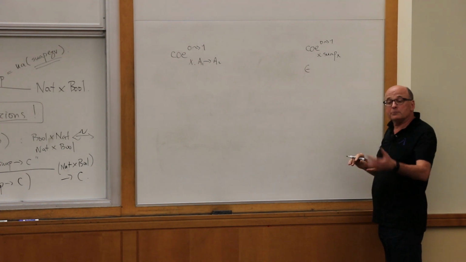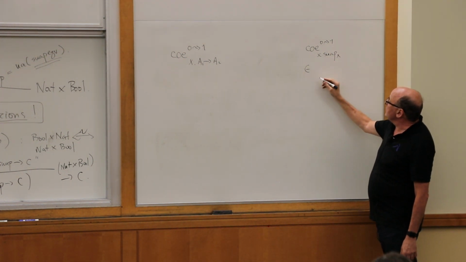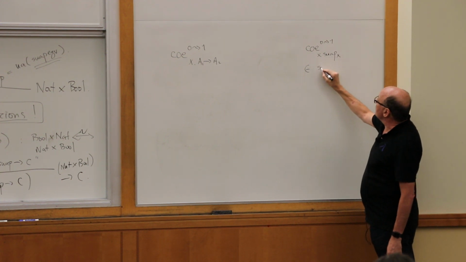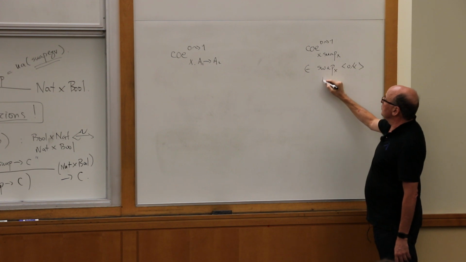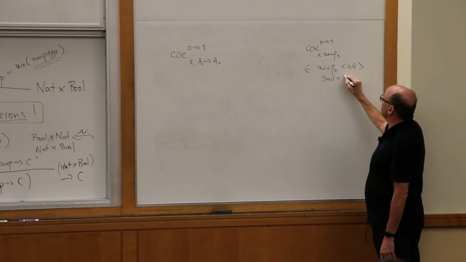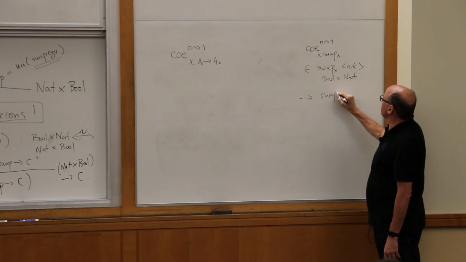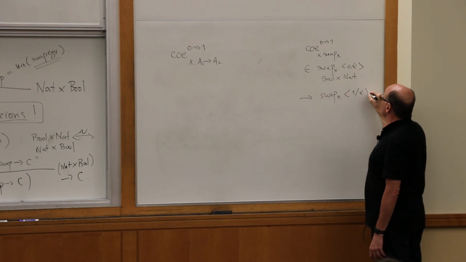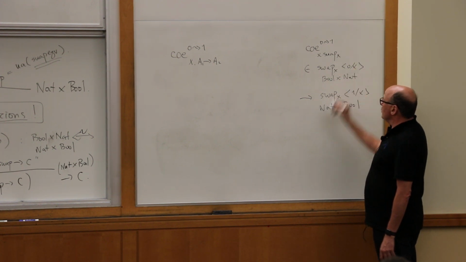I can situate it in space as I like by plugging in for x. So this should be a map between swap x with 0 for x, which I told you was bool cross nat, into swap x with 1 for x, which I told you previously is nat cross bool. So the coercion swaps.